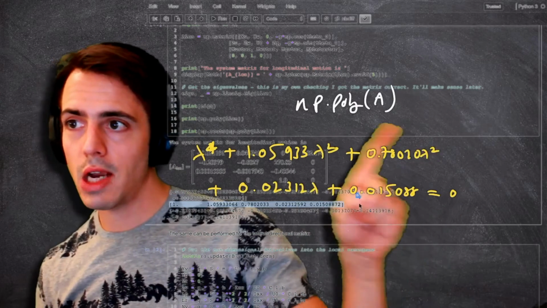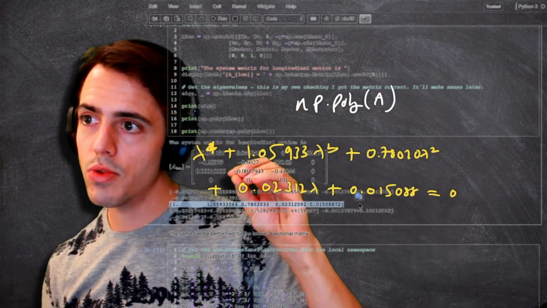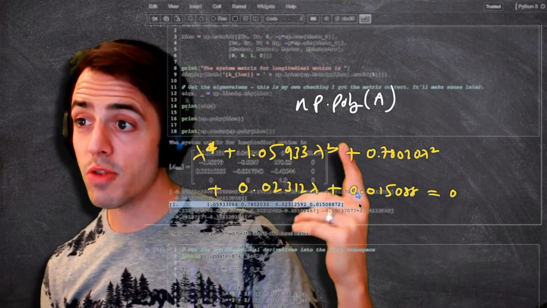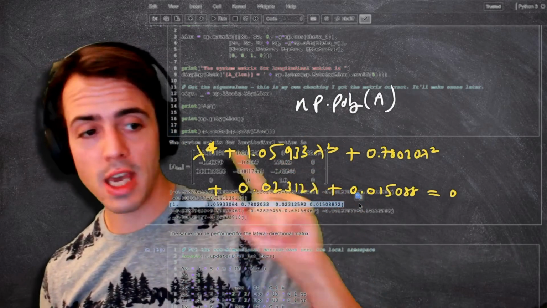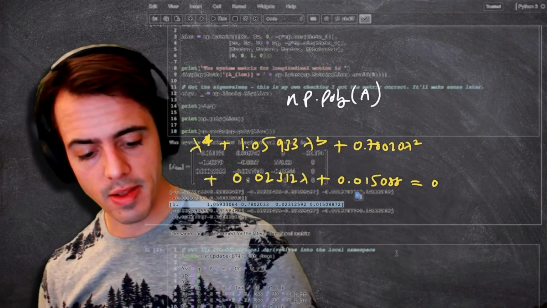So this characteristic equation is the response of the aircraft in longitudinal motion that captures both the short and long-term behavior that we saw exhibited.